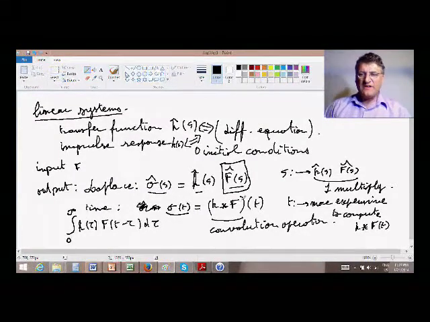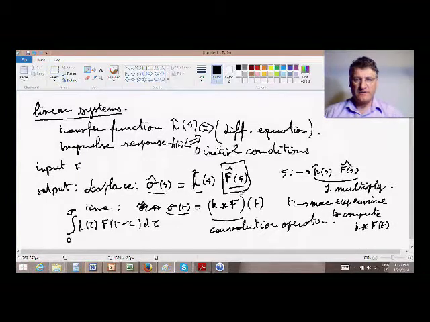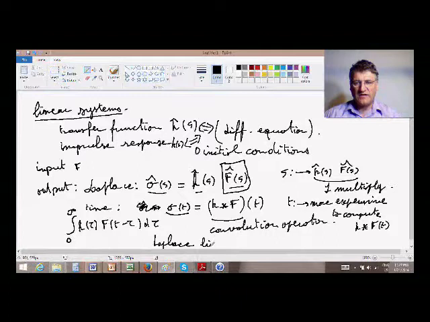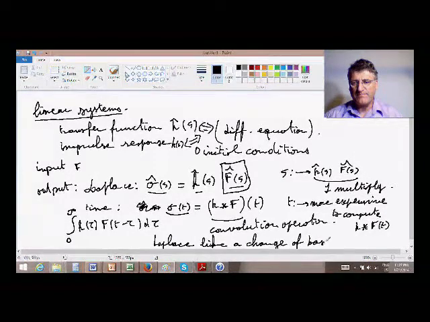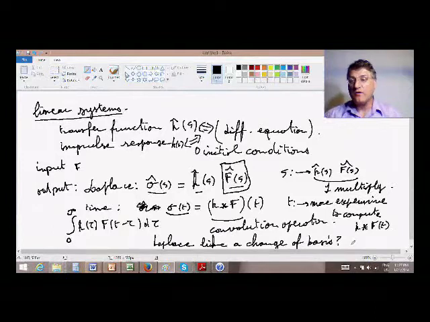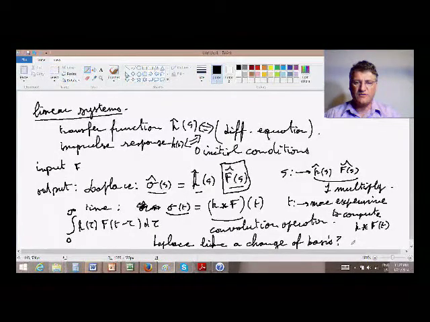Now, let's push the comparison a little further by thinking: isn't the Laplace domain just another way of representing f? It's like a change of basis, for infinite dimensional vectors.